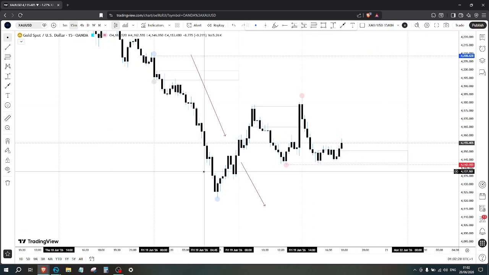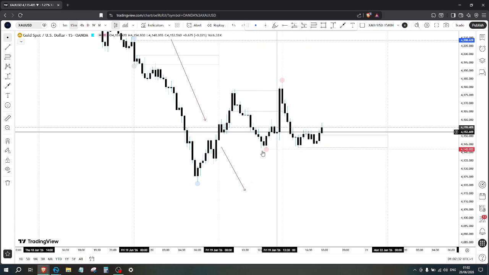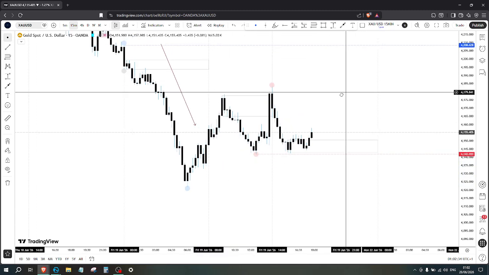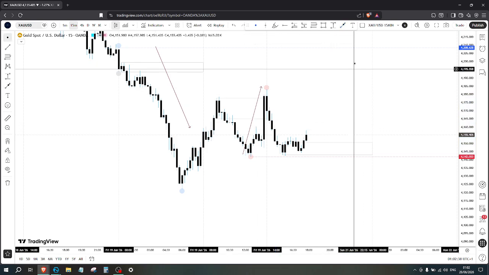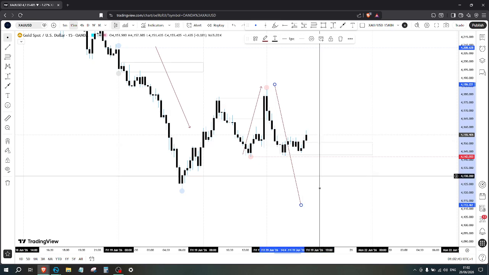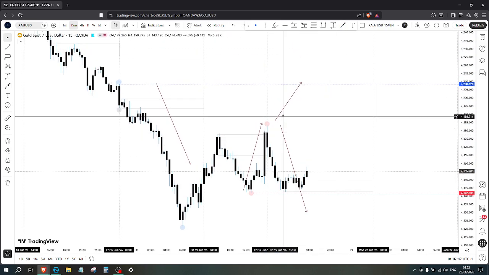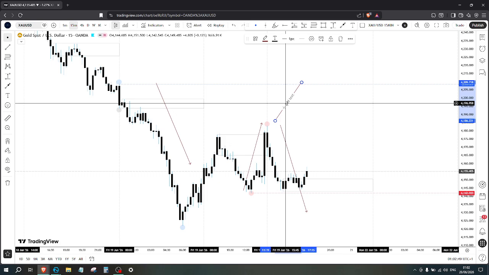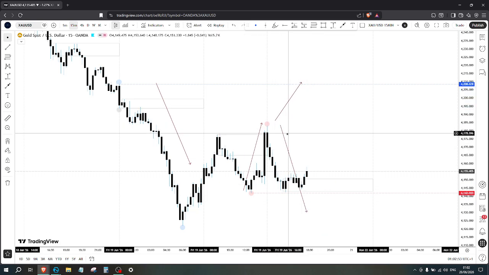So Asia short inventory, discovery from London will be to the downside. Now we got London long inventory, the discovery will be to the upside. And the inverse would be to the downside.